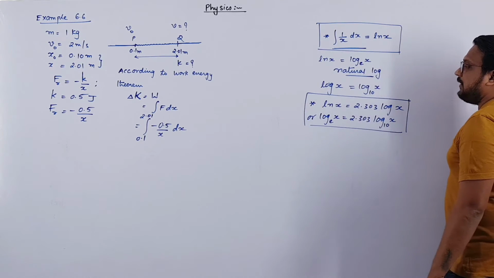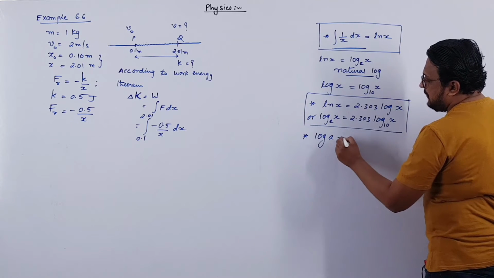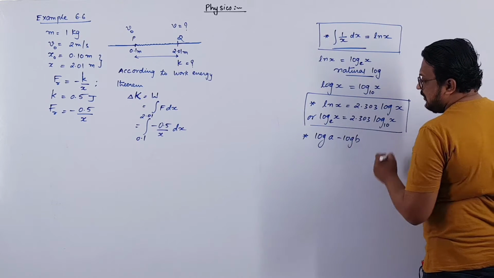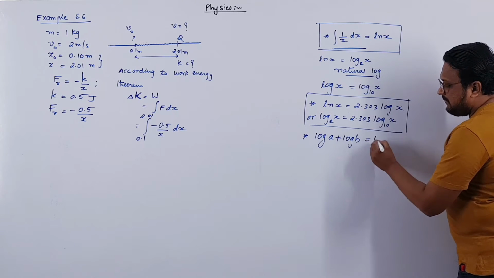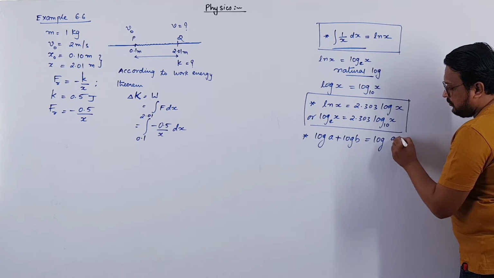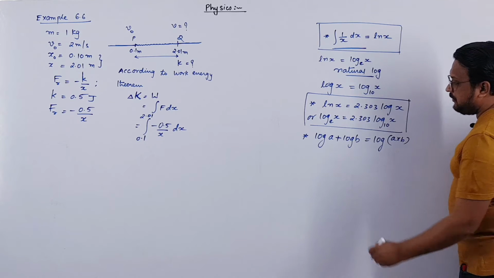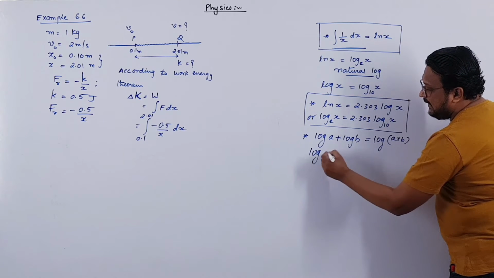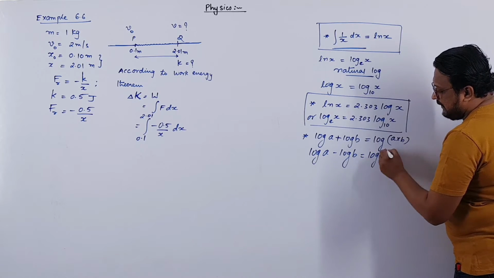One more important thing which you might know: log a plus log b is log of a into b. Log a minus log b will be equal to log of a by b.